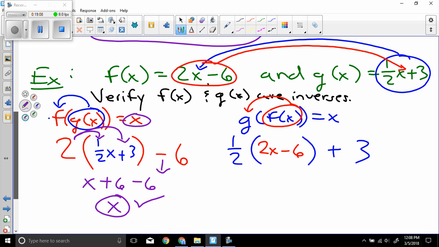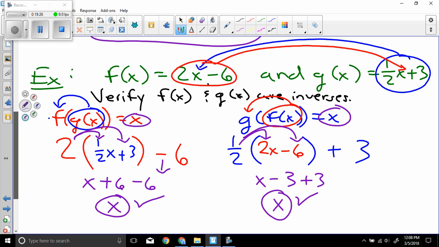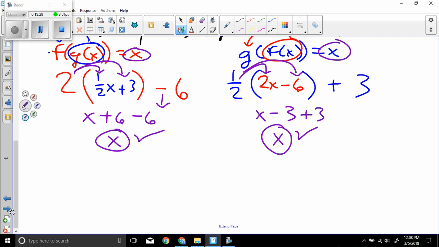Now I go through the same type of process. I'm taking this 1/2 and distributing it. 1/2 times 2x is x. Okay, 1/2 times the negative 6, I think that's negative 3, plus 3. Those cancel, I get x, and I want x. Yes, so I put a check mark. Now, because they both checked, I have two check marks. What does that mean?